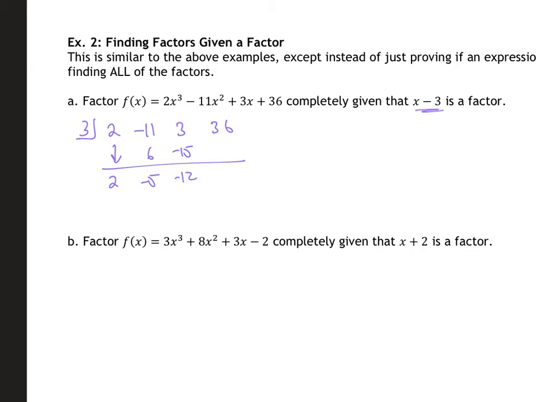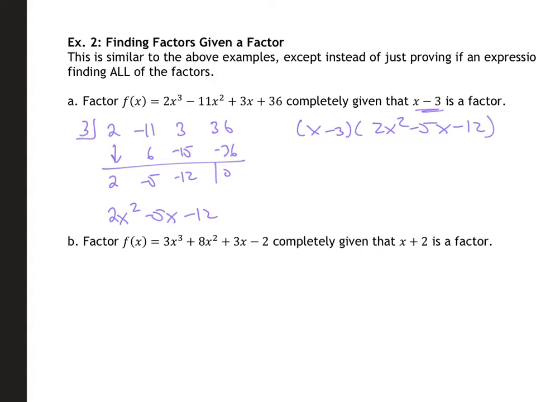Add, you get -12. Times 3 is -36, you get 0. So what you need to know here is that the other factor is always one less. So we talked about this. So remember, it's 2x squared minus 5x minus 12. So what I have now is x minus 3, and then 2x squared minus 5x minus 12.